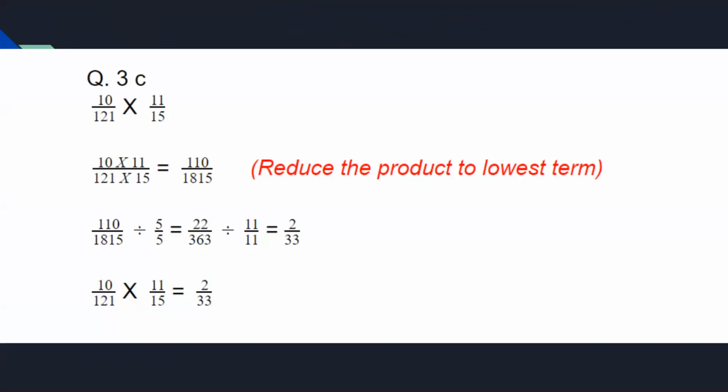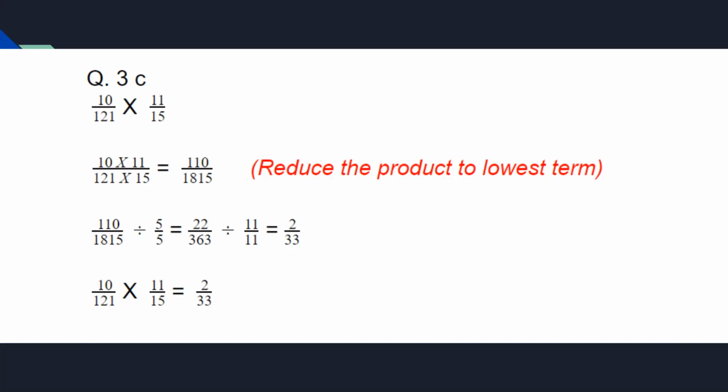Multiplication: the product of the numerators is 110 and the product of the denominators is 6050. Now, in the numerator and the denominator, the digits at the unit place are 0 and 0. Both are divisible by 5. In this way, we can reduce it by dividing both the numerator and the denominator by 5. We will get 22 upon 1210.